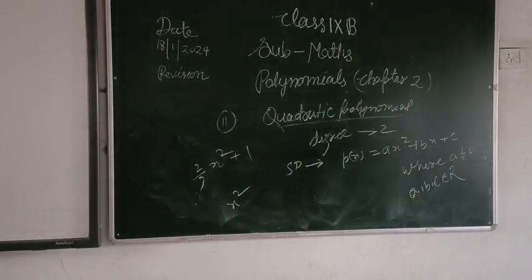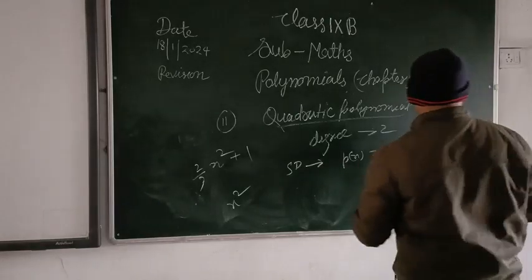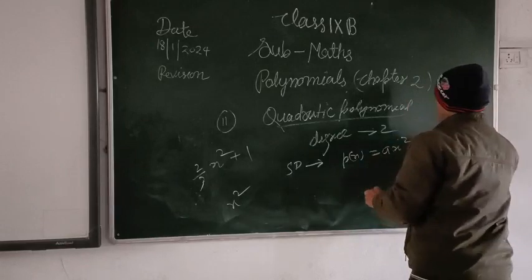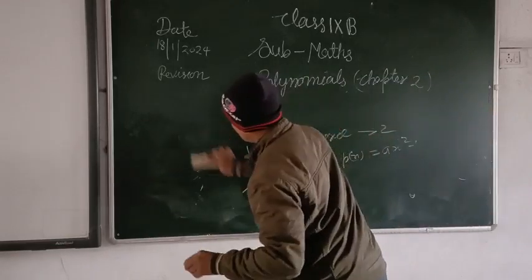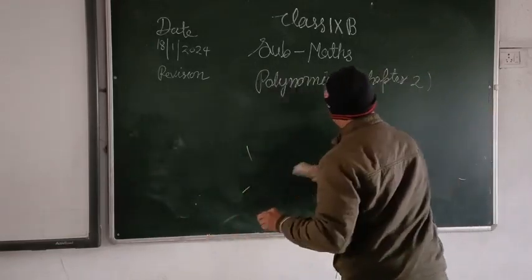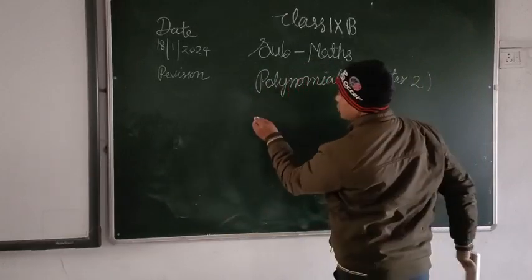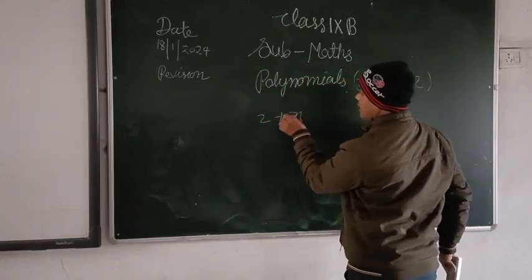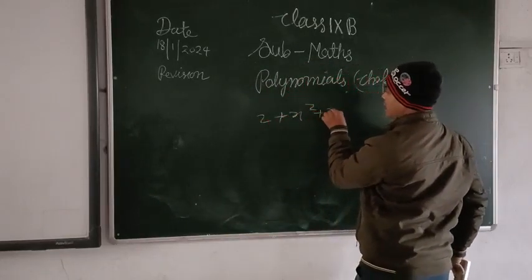So here, write the coefficient of x square in each of the following. Some questions. 2 plus x square plus x.